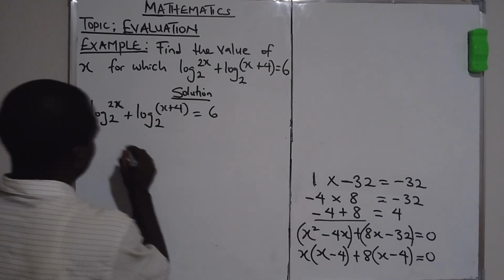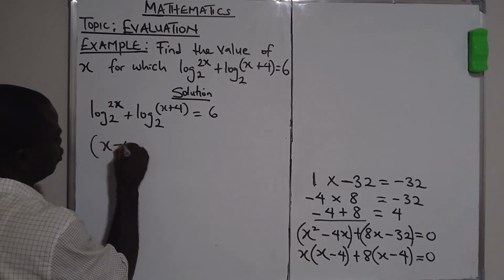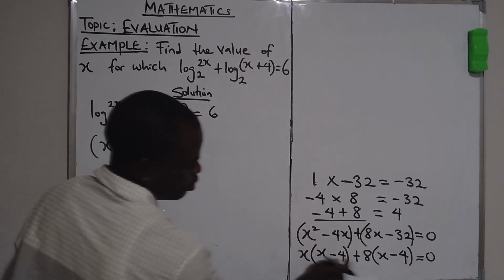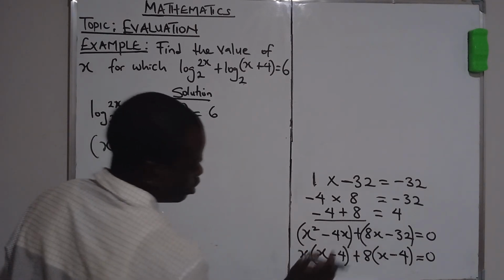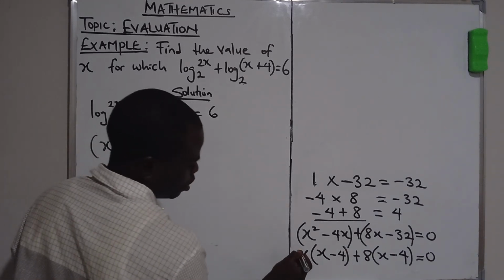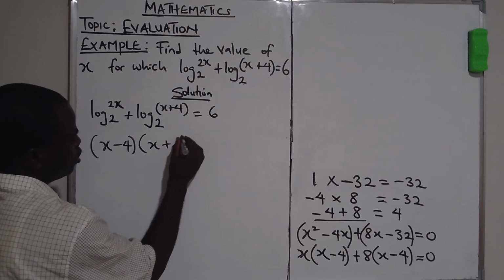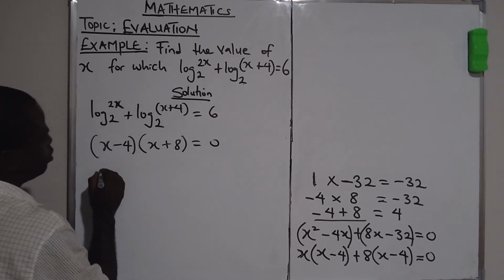Now write it out. You're having x minus 4. Since what's in the bracket is common, you pick one, x minus 4, and the one that is outside, x plus 8, equals to 0.